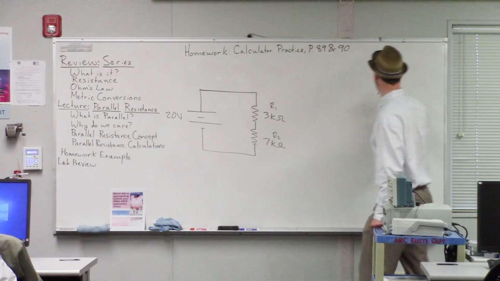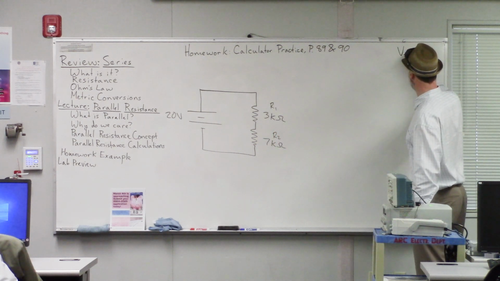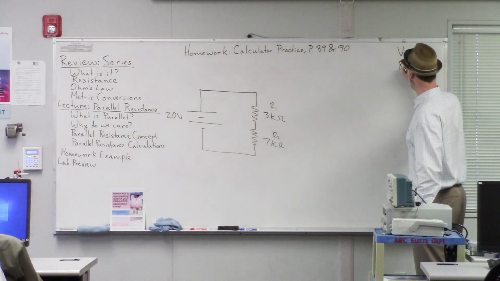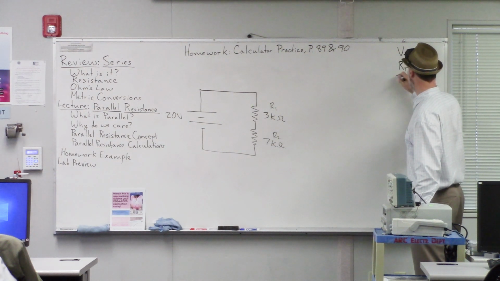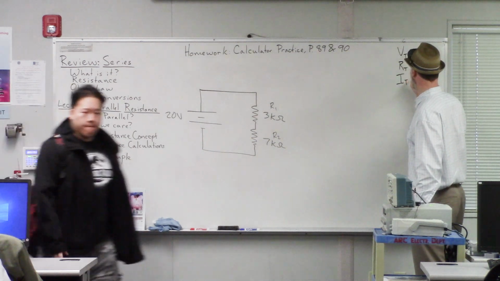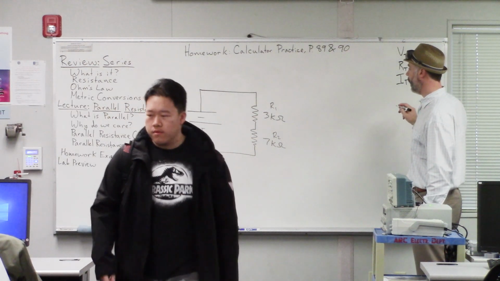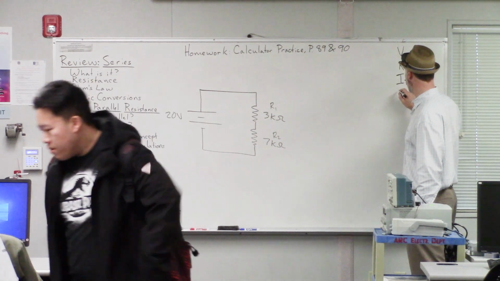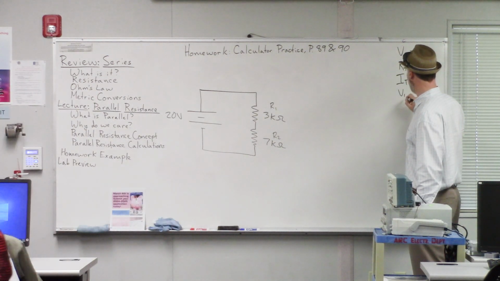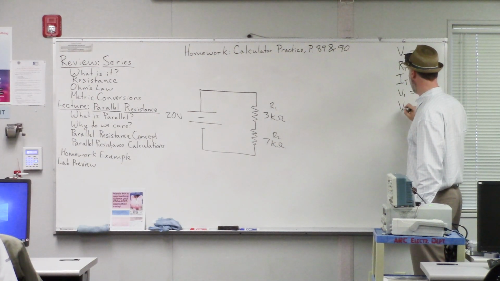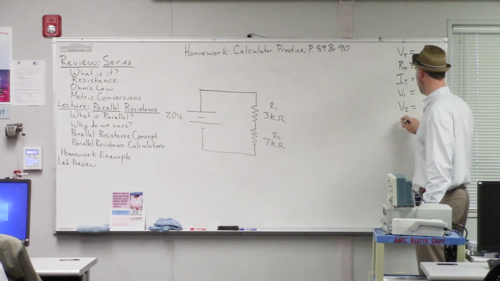We want to know the total voltage, the total resistance, the total current, and then the voltage for each resistor and the current for each resistor.